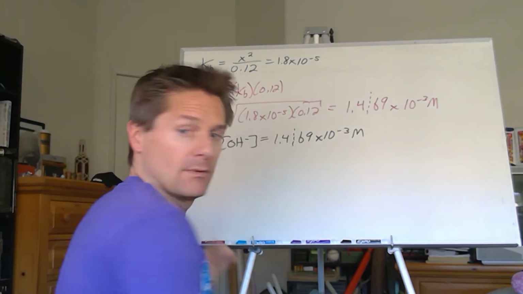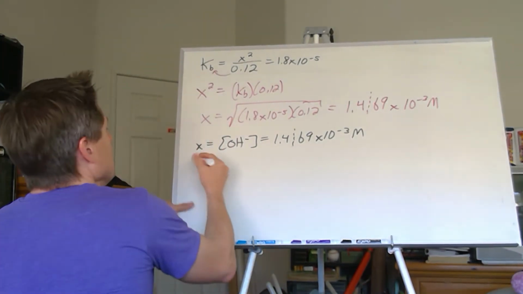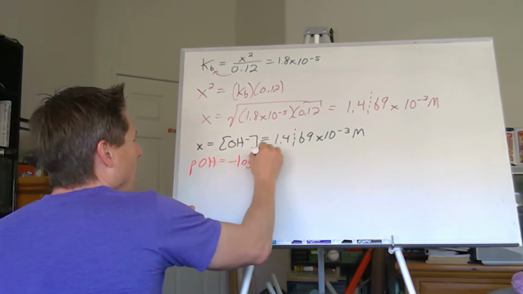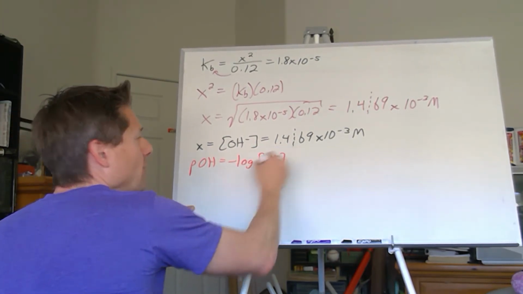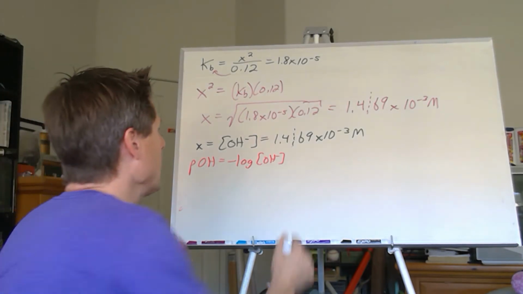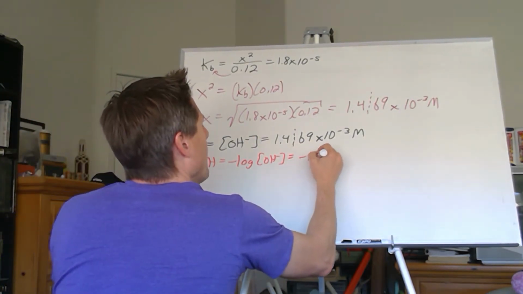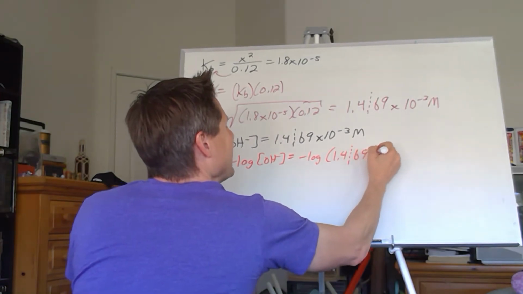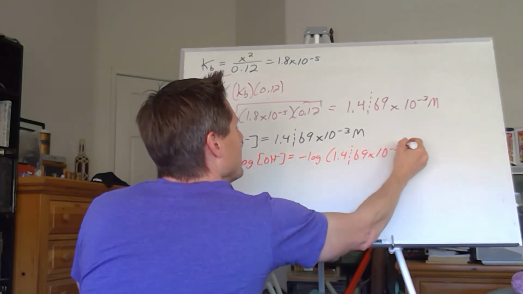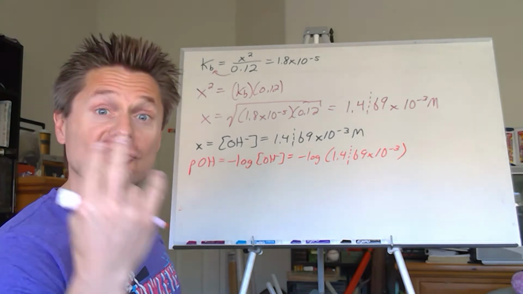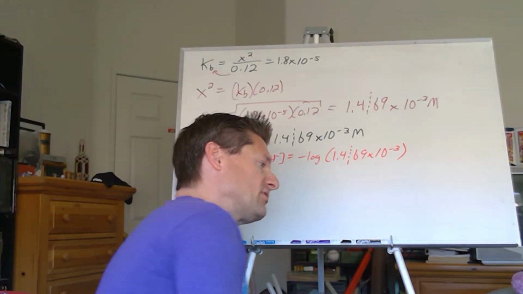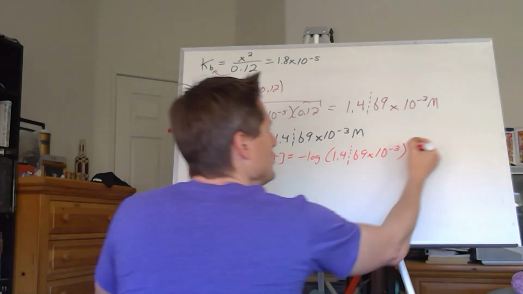Let's do it. Where's my red pen? So pOH will be the negative log of the hydroxide. That'll be the negative log of 1.469 times 10 to the minus 3. 2 significant digits gives us 2 decimal places in our logarithm term. So I get 2.8329.